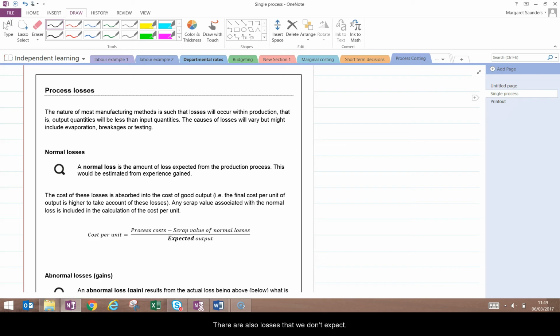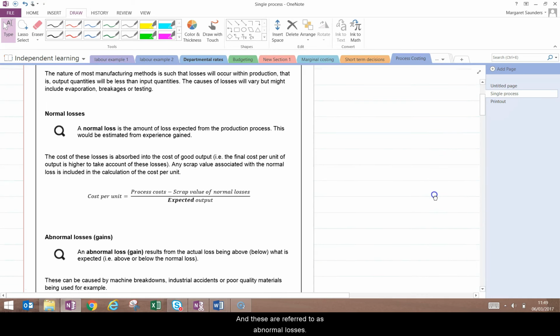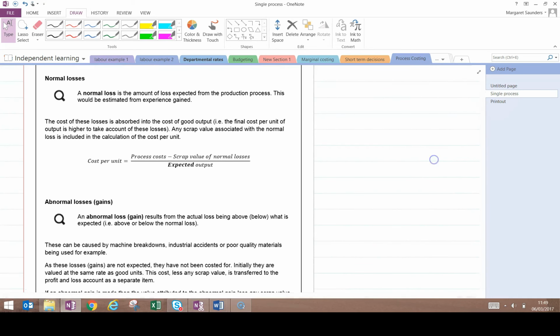So these losses that we know about are referred to as normal losses. There are also losses that we don't expect, and these are referred to as abnormal losses. So this is a loss that is over and above the normal loss. We can also come across abnormal gains.